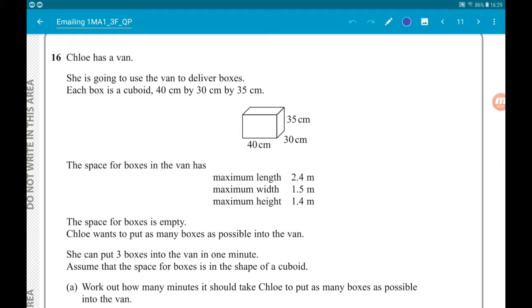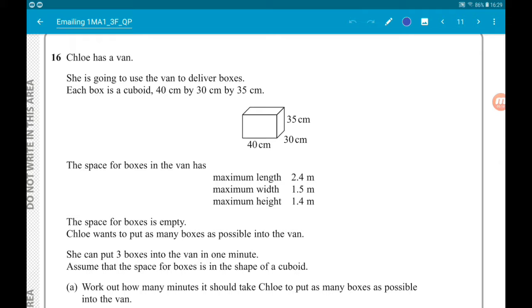Okay, number 16. Chloe has a van. She's going to use the van to deliver boxes. Each box is a cuboid, 40 centimetres by 30 by 35, as shown.